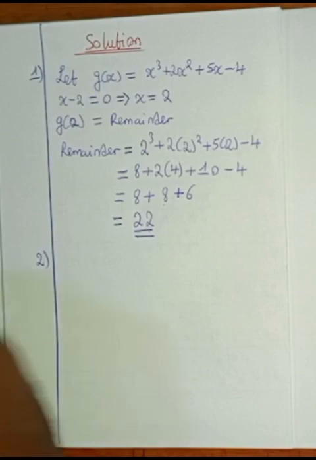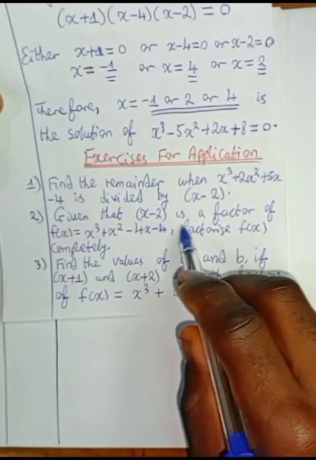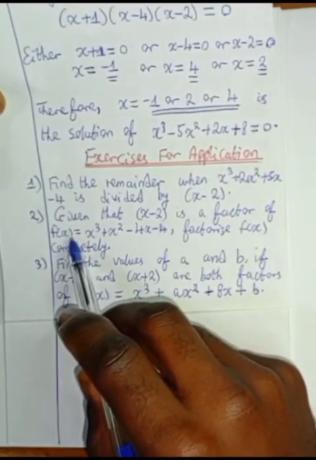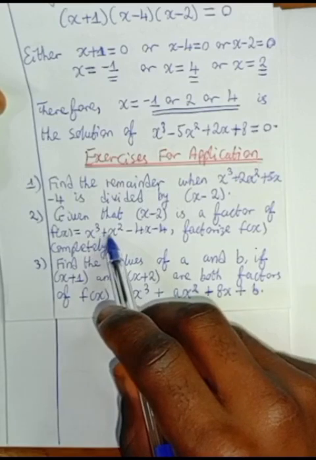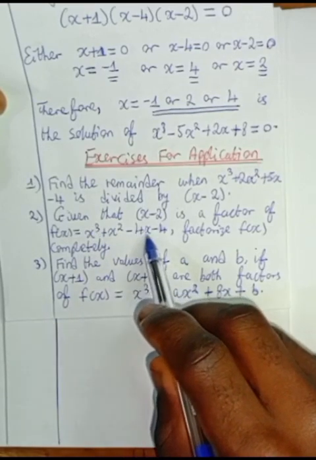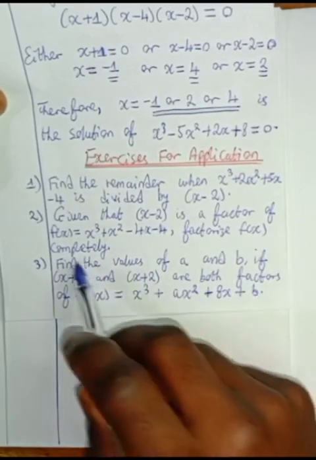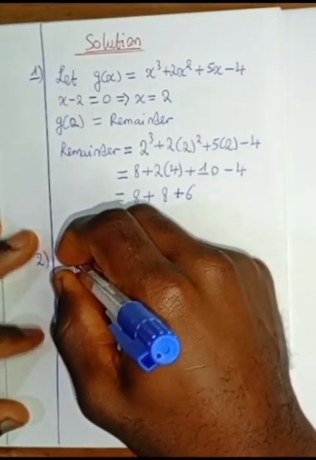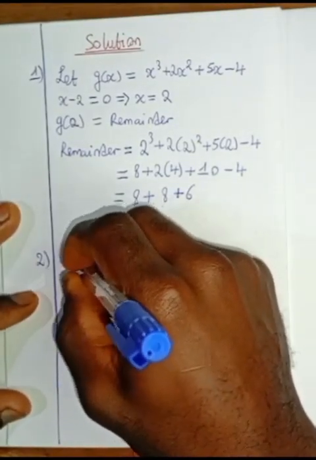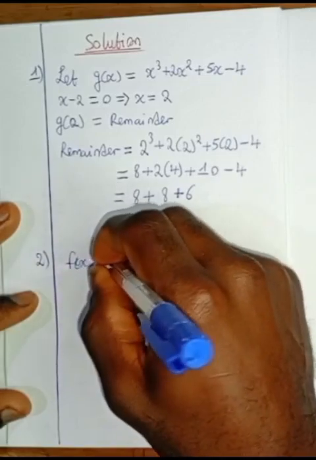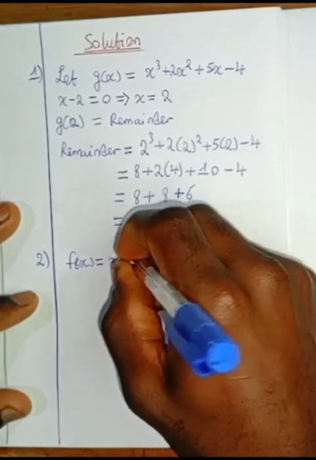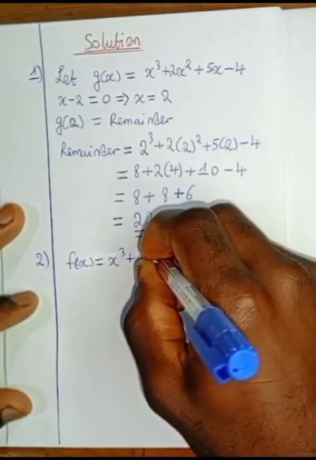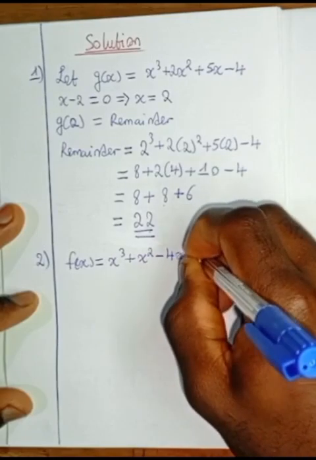Question 2 says, given that x minus 2 is a factor of f of x equal to x cubed plus x squared minus 4x minus 4, factorize f of x completely. We have f of x is equal to x cubed plus x squared minus 4x minus 4.